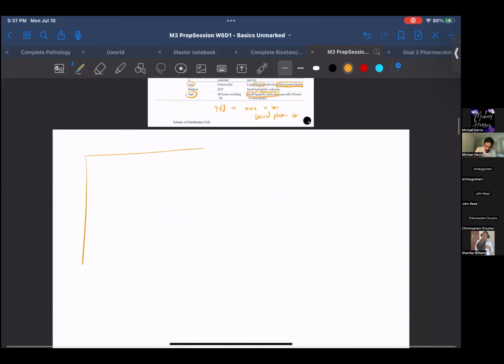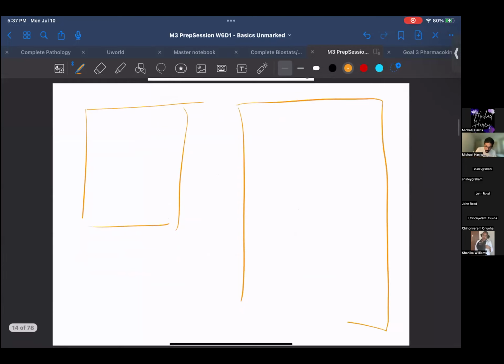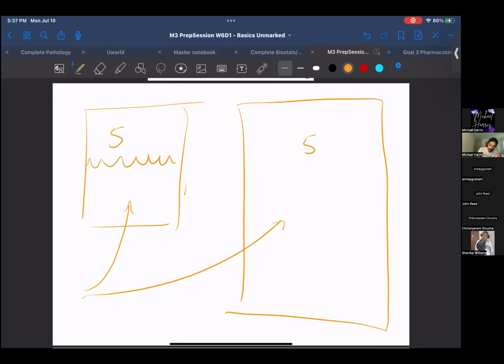Let me show you something. Let's say I want to get to a concentration of 5 in both. This one has 100 milliliters of fluid. This one has 100 liters of fluid. Which one do I have to give more?